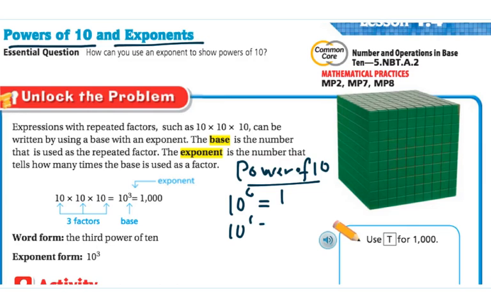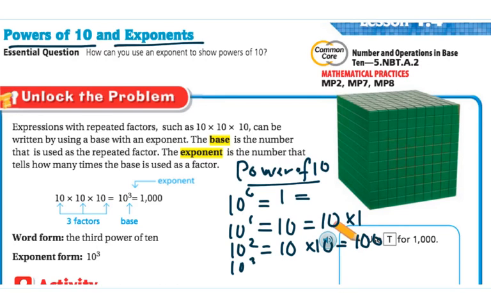The first power of 10 is 10, because really it's like saying 10 times 1. The second power of 10 is really like saying 10 times 10, which is equal to 100. And the third power of 10 is really like saying 10 times 10 times 10, which would be equal to 1,000.